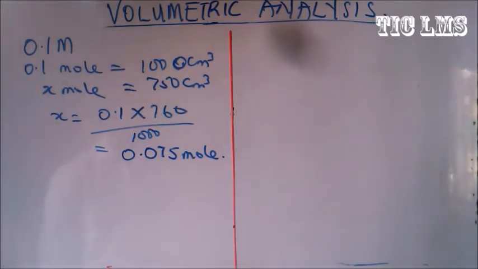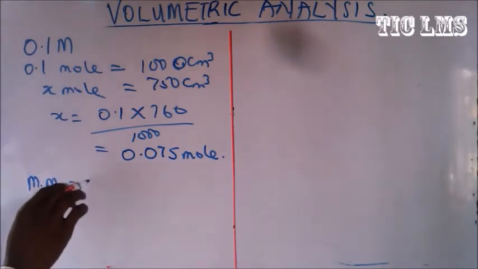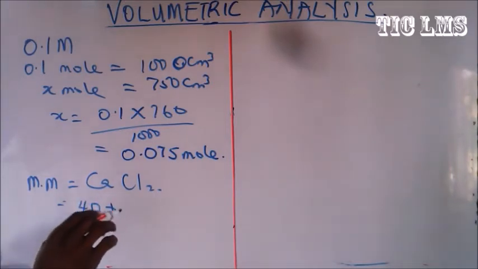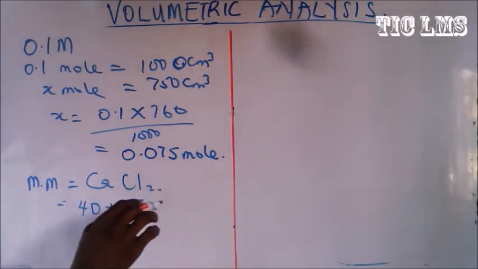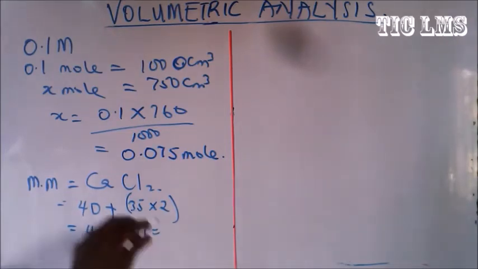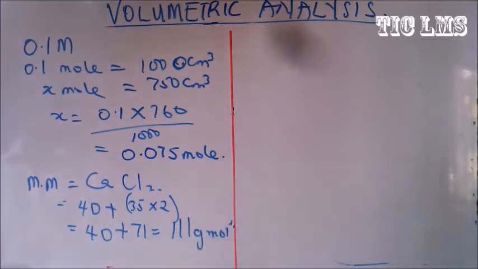Next, we have to find the mass of calcium chloride. So we have the molar mass of calcium chloride. Calcium is 40 and chlorine is 35 multiplied by 2. And so we have 40 plus 71, giving us 111 gram per mole.